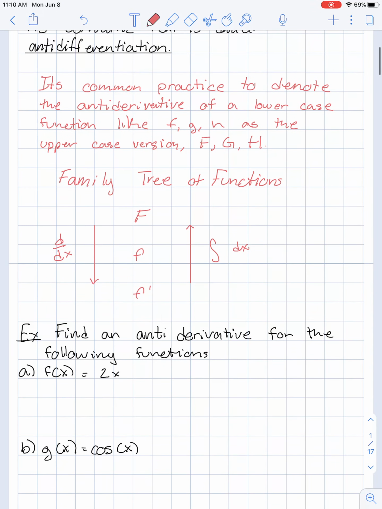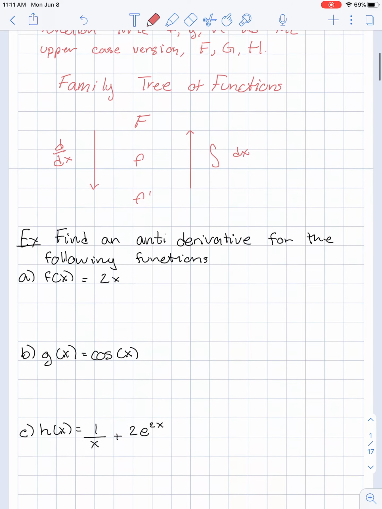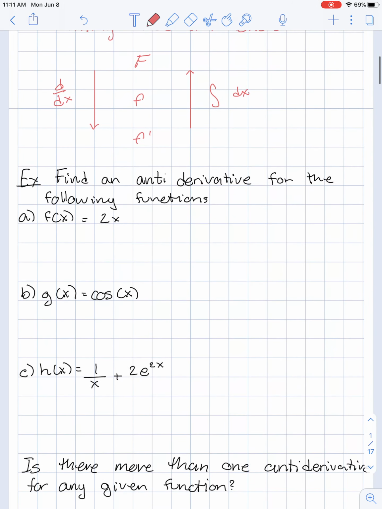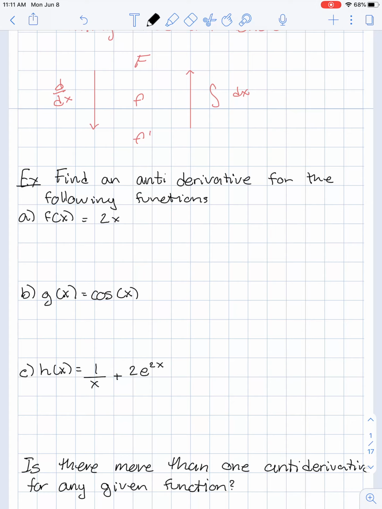So when we are talking about antiderivatives, we want to recover our long-lost original function. Now we're looking at a derivative, and I need to find where it came from. So we're asked to find an antiderivative for the following functions. If I'm given f of x equals 2x, I need to think, whose derivative is 2x?